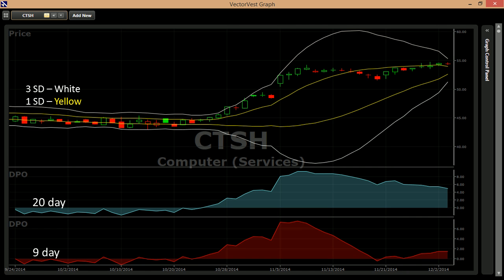Here we have a stock, CTSH, and let me just go over quickly what we see here on the graph. Surrounding price are what's called Bollinger Bands. The white bands surrounding price are 3 standard deviations from the average, and the yellow bands surrounding price are 1 standard deviation from the average.